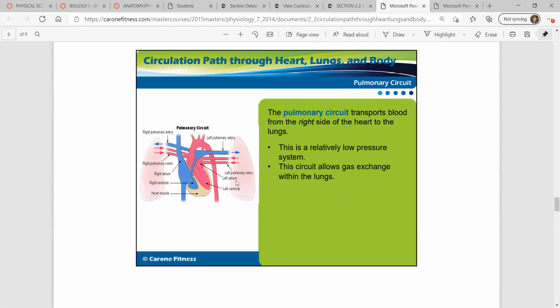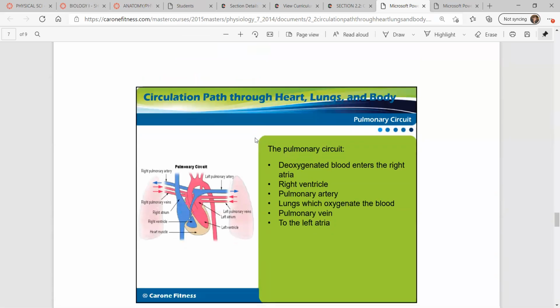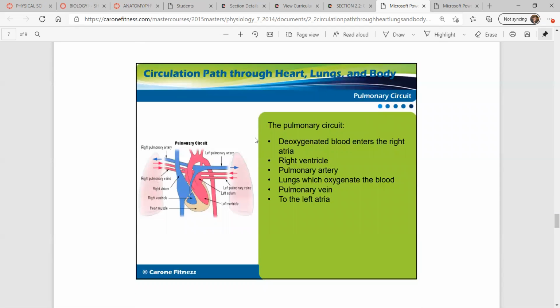So this is a picture of the pulmonary circuit. And this circuit goes like this. Deoxygenated blood enters the right atria, goes to the right ventricle, to the pulmonary artery, to the lungs. The lungs oxygenate the blood.